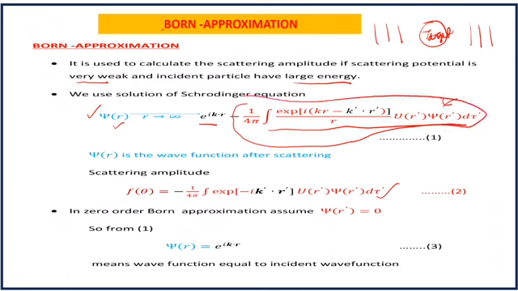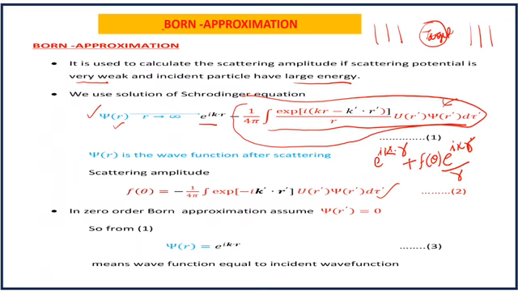Meaning our formula is e to the power i k dot r plus f theta e to the power i k r upon r. So f theta is equal to this.